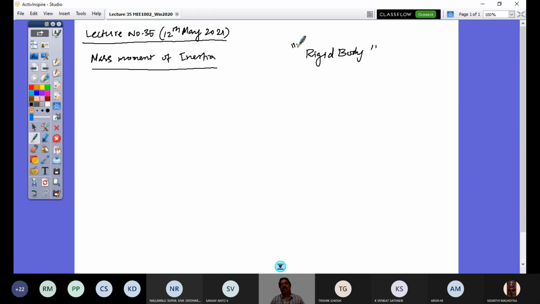That inertia is dictated by the property called mass moment of inertia. So the moment you say mass moment of inertia, what you should immediately get into your mind is rotation of bodies.